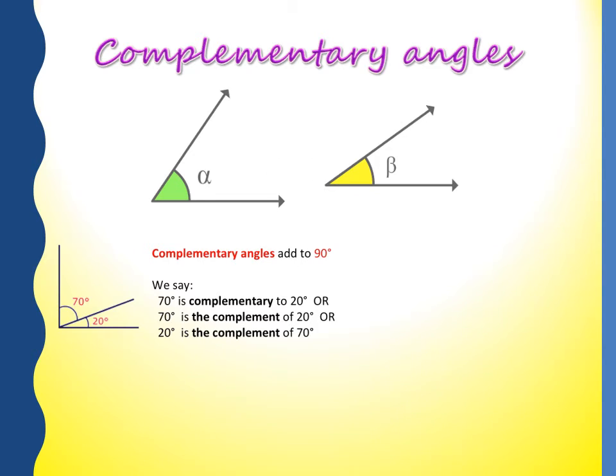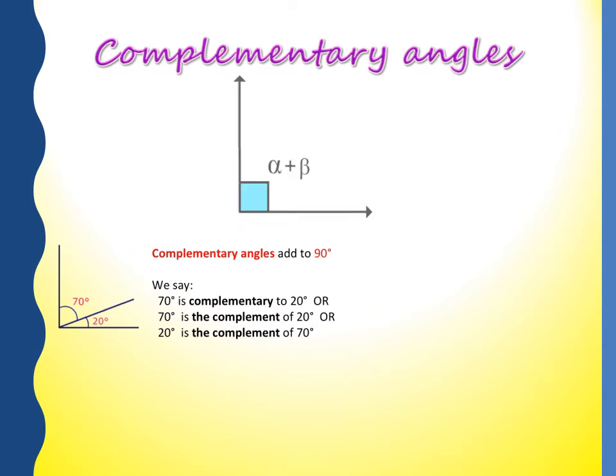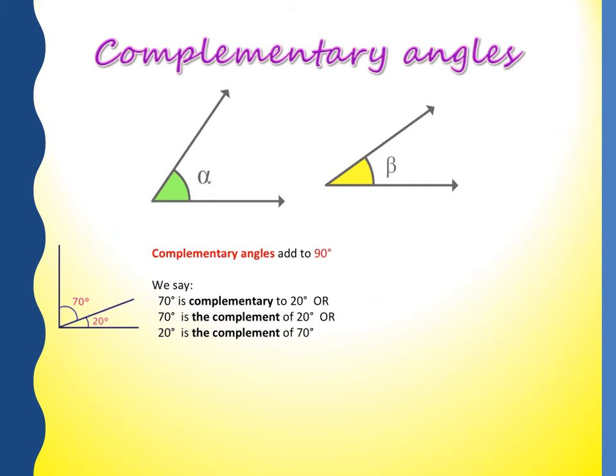We can say that 70 is complementary to 20, or I can say that 70 is the complement of 20, or 20 is the complement of 70.